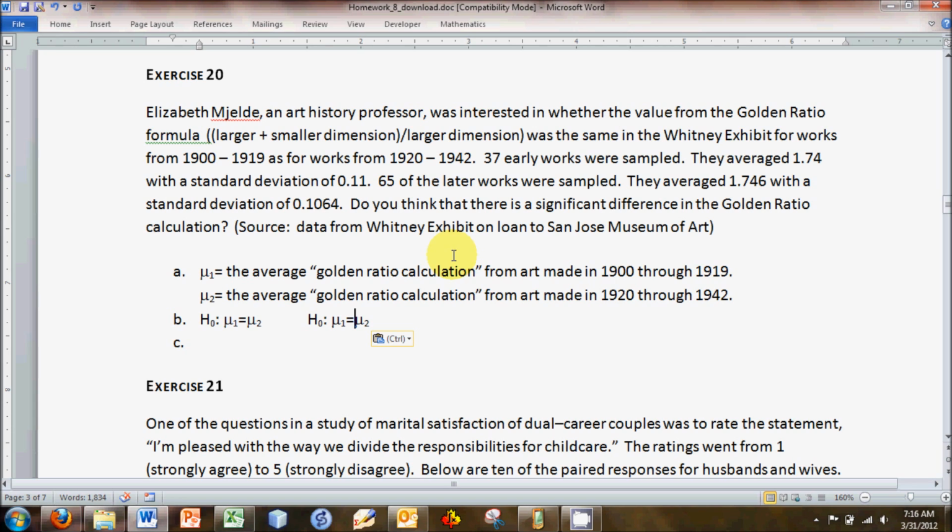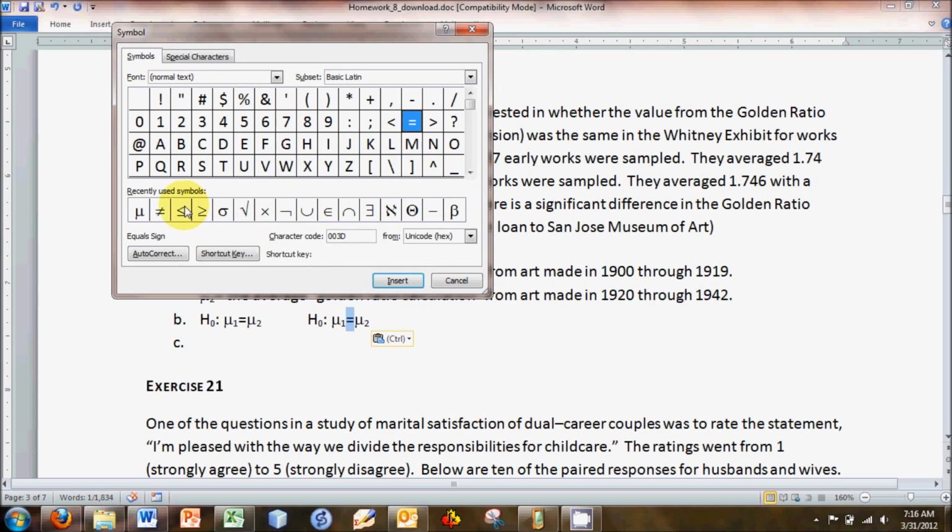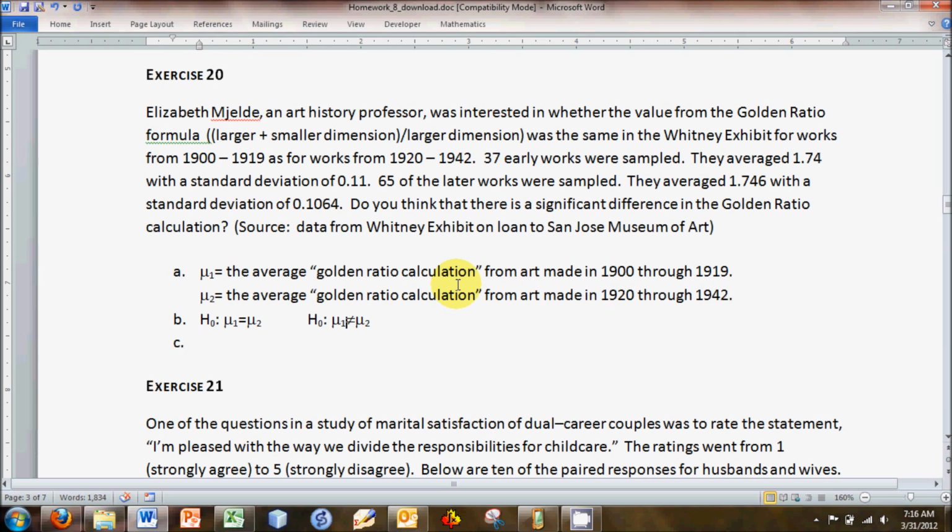So let's see if I can change this. I need the not equal to symbol. And that's the alternative. The next step is to identify the distribution that you're going to be using. And with everything this week, we're just using the t-distribution.